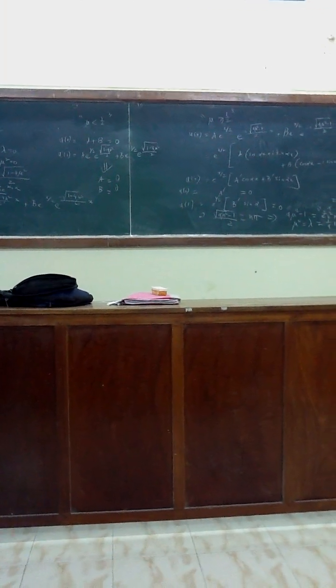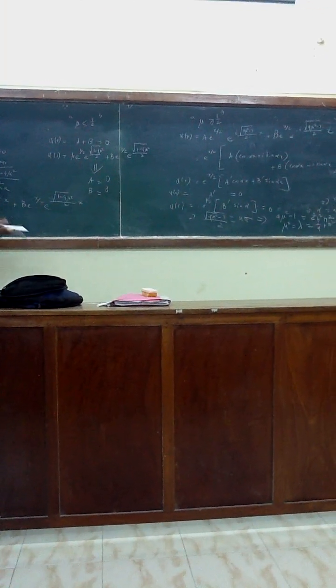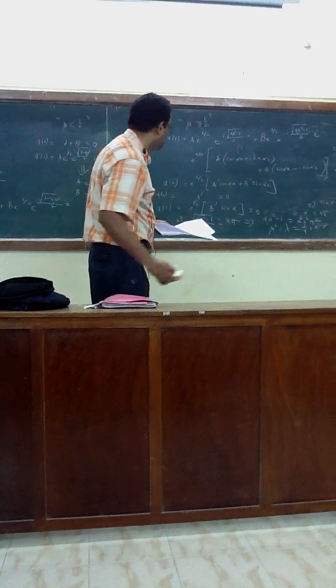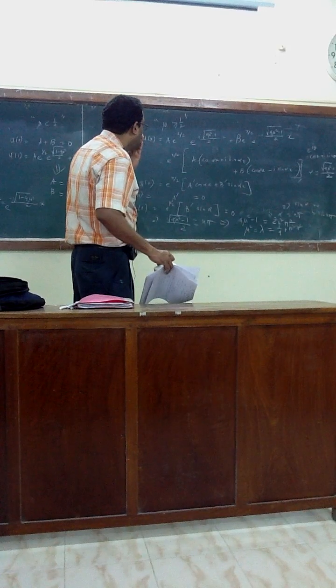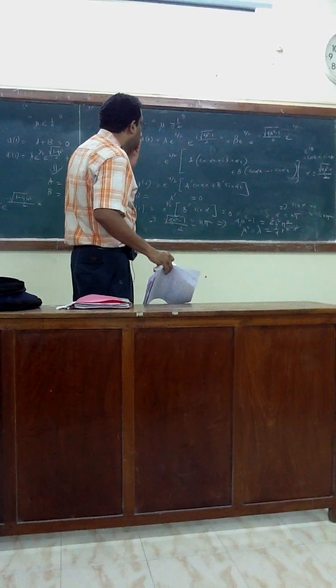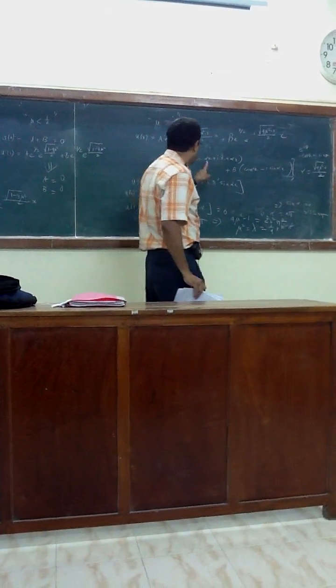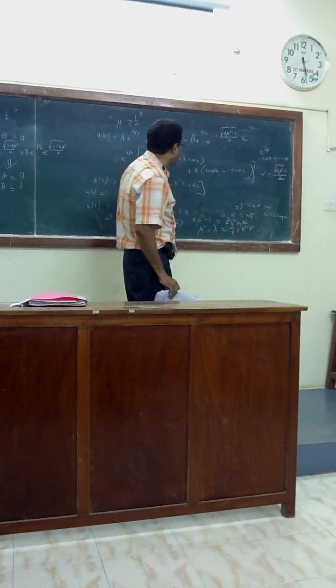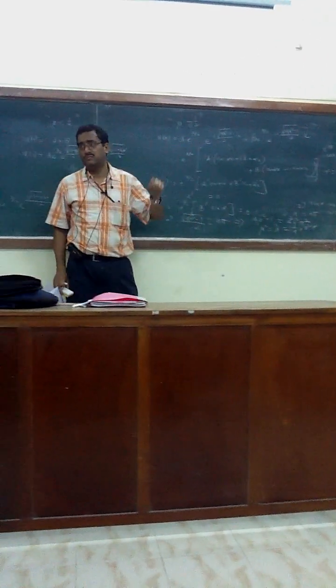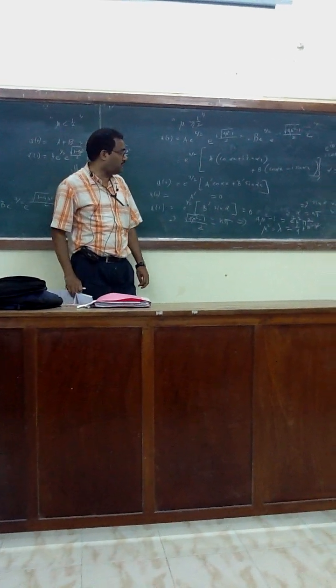Okay. So if n equals to 0, what actually happens finally? If n equal to 0, alpha is still non-zero. Am I correct or not? If n equals to 0, what is alpha value?